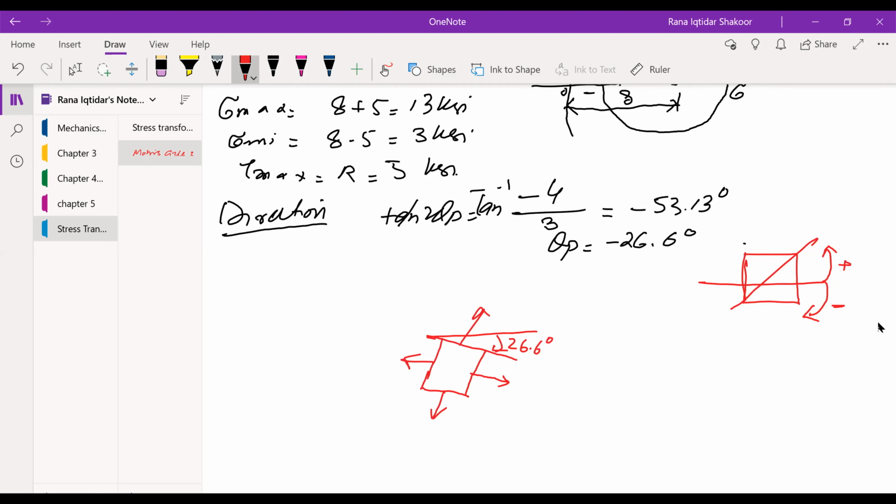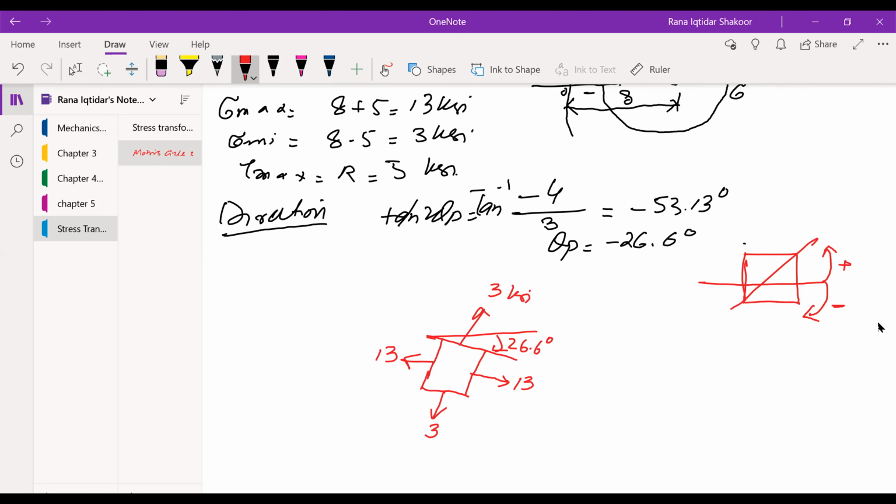And then obviously it will be sigma max, and sigma max is basically 13, and this will be your sigma y value, the minimum one, so it will be 3 ksi, right?